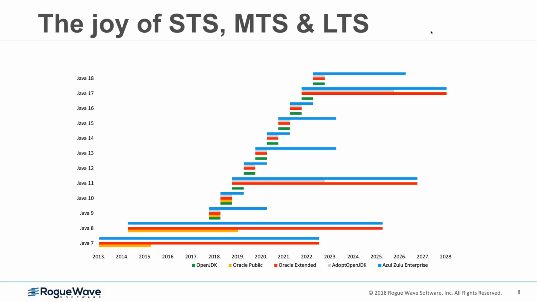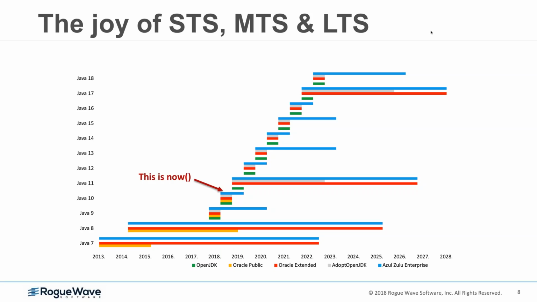So here we have a graph that's heavily inspired by the similar graph from Azul, and a table that's under the Oracle support news page. And here on the y-axis, we have Java 7 until Java 18. And on the x-axis from left to right, we have the years, and we're around there.